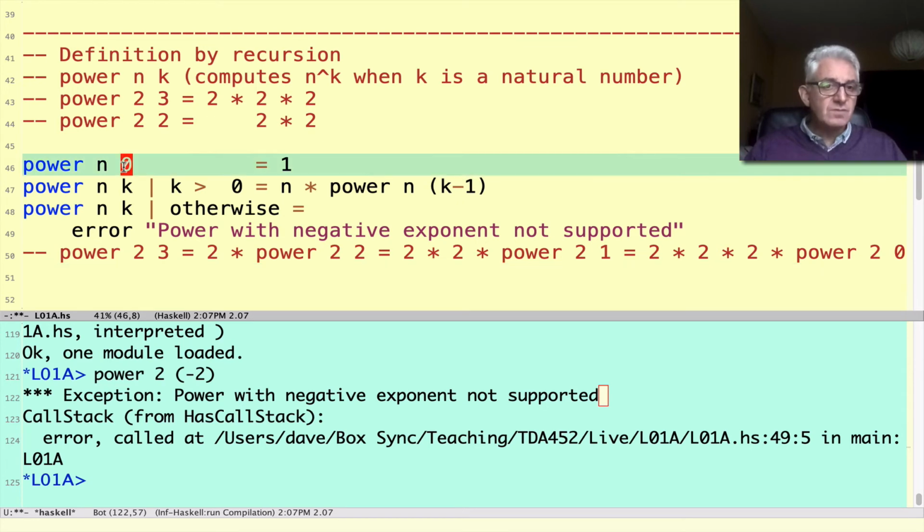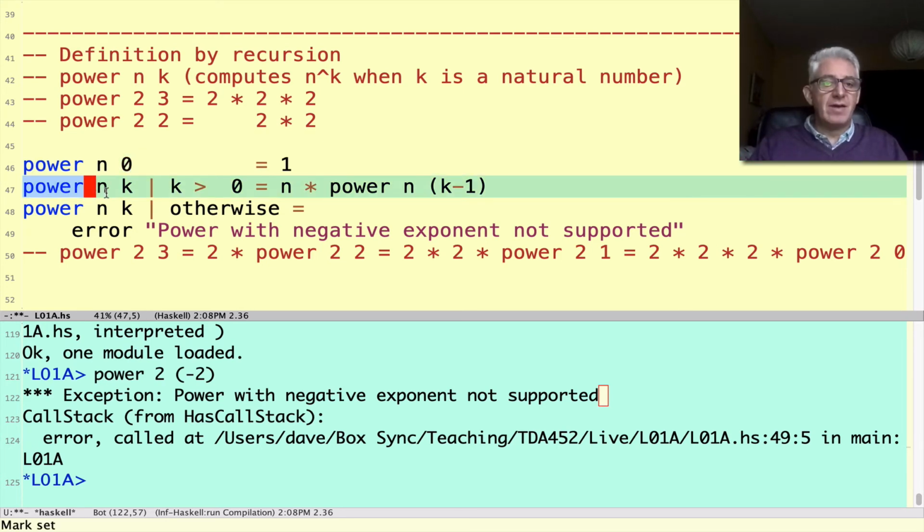We can't use anything we like, but we can use values like 0, like true and false, in the left-hand side. This is an example of something we'll see a lot more of in the next lectures: pattern matching. So we're giving a definition using pattern matching. We're saying that if the argument matches this pattern, a 0 in this case, then the answer is 1.